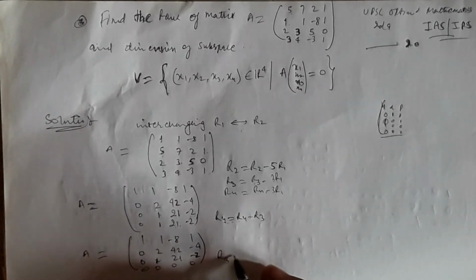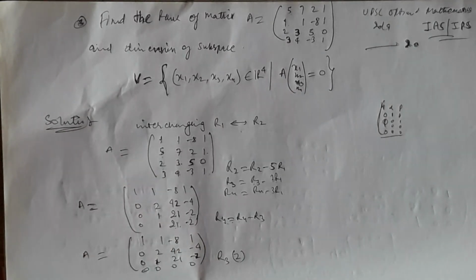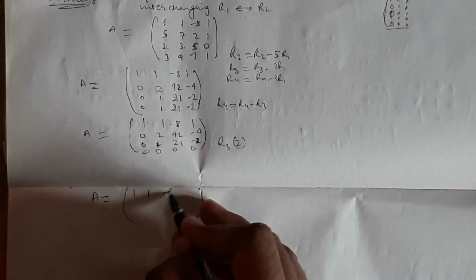So let me multiply row 3 by 2, and then this matrix may take this form. Now it is 1 1 minus 8.